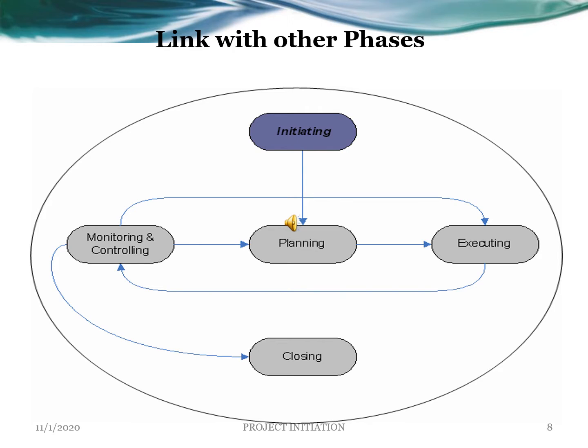You cannot think of initiation as an isolated activity or item. It is linked firstly with planning. You will see the different loops: execution, monitoring and controlling, and definitely at the end there will be closing. All these are within a bubble, meaning that we are in a closed system where each and every item is interlinked.